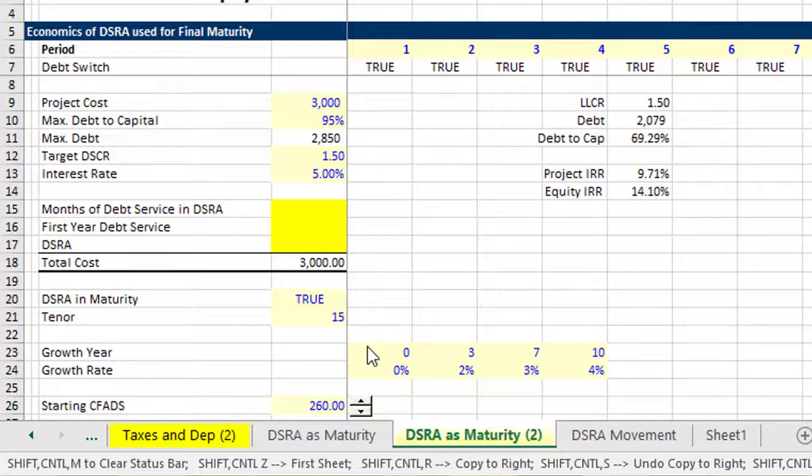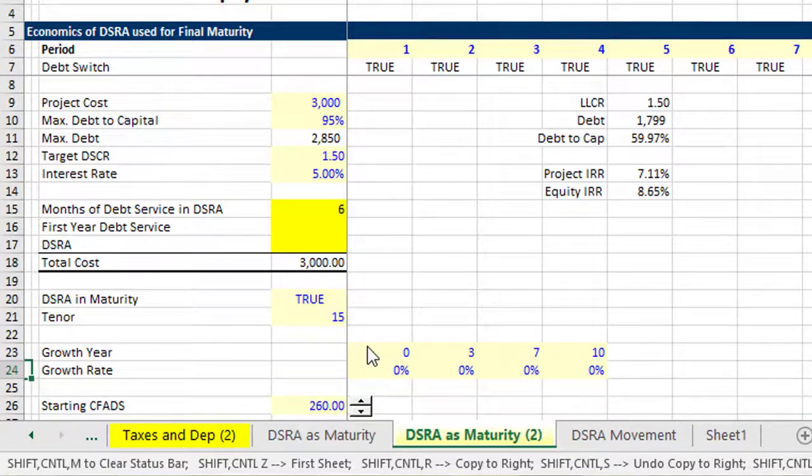Now, here is the exercise for this one. The exercise involves the debt service reserve account that's funded. So, let's start with this. We have 6 months of debt service reserve account. If you include the debt service reserve account, and let's for a moment assume that we just have some flat cash flows, that really should probably be in this exercise.